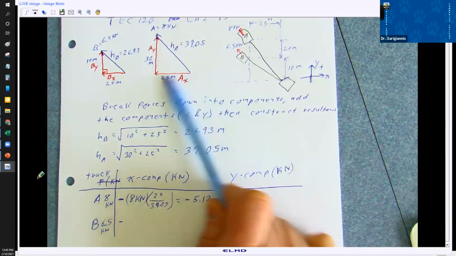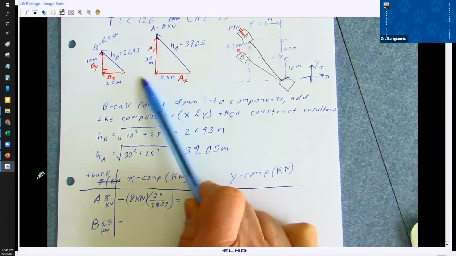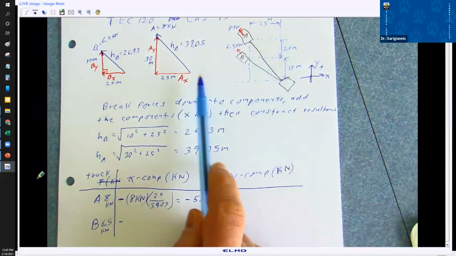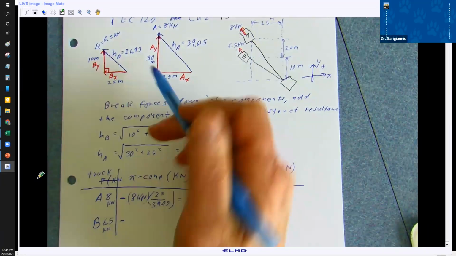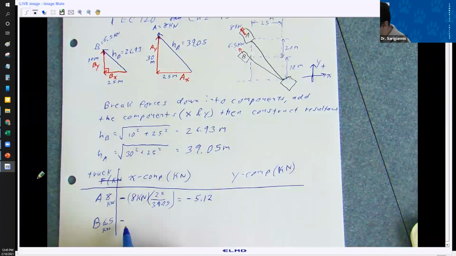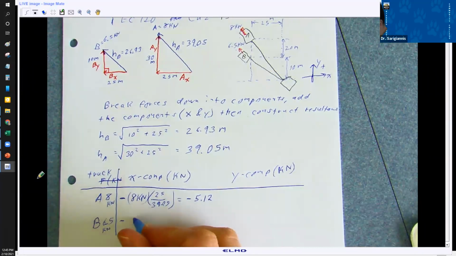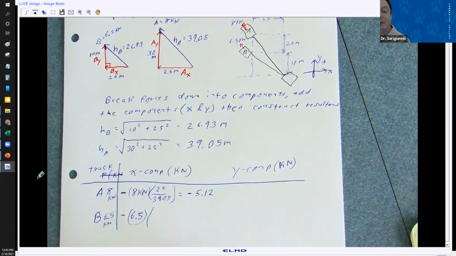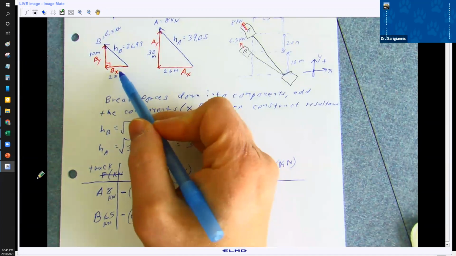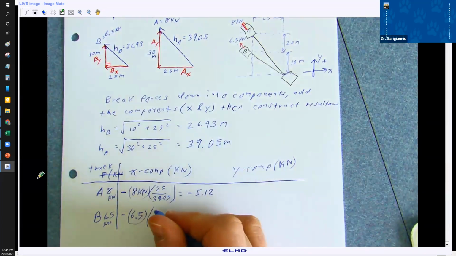You have to have a component in the X direction that's to the left. The right just doesn't make any sense, right? And it has to be also up to the top when you're doing the Y. So anyway, this is a negative. We've got 6.5 kilonewtons times the ratio again, 25 to 26.93.